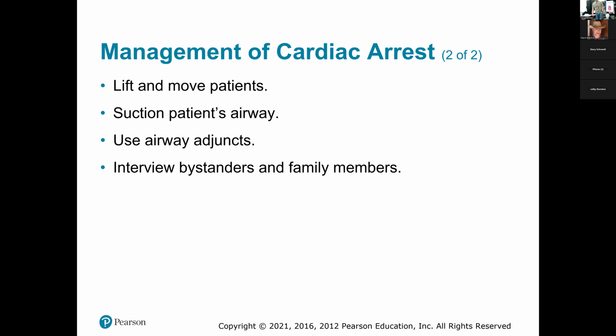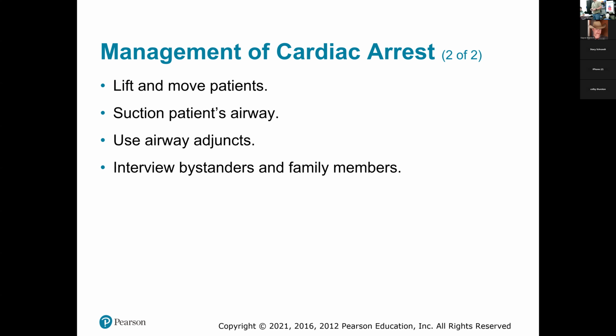Lift and move patients. Suction the airway. Use airway adjuncts. What ones do we use? OPAs and NPAs, correct. And interview bystanders or family members. If you have the ability to ask questions, in other words, you have enough people there that you're not just focused on doing CPR, and you can find out what happened.